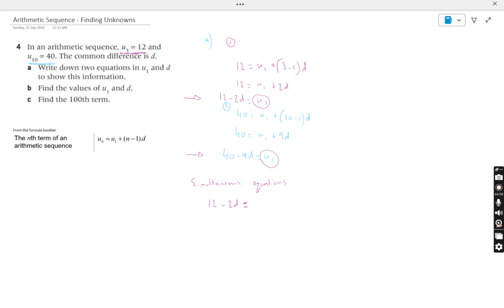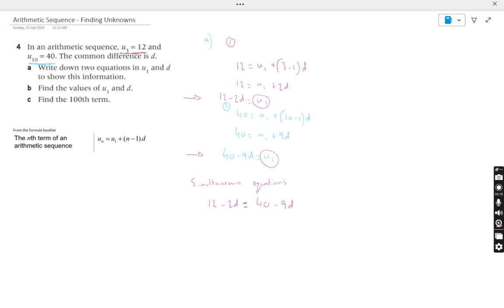I've just circled the bits that we're interested in. If U1 equals that whole top bit and U1 also equals that whole bottom bit, the 40 minus 9D, it means they both equal each other. So over here, 40 minus 9D.